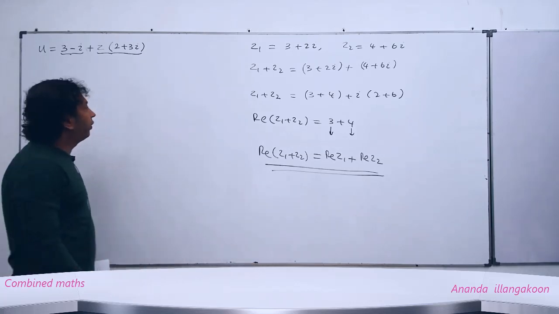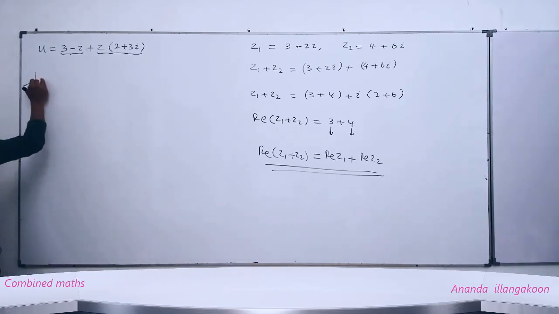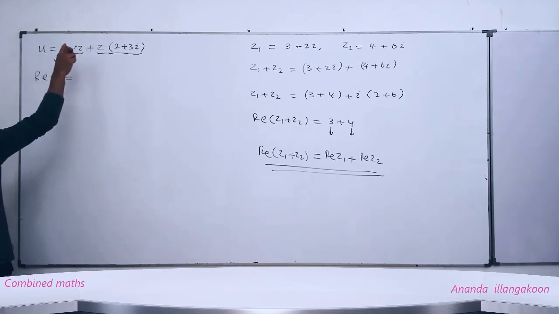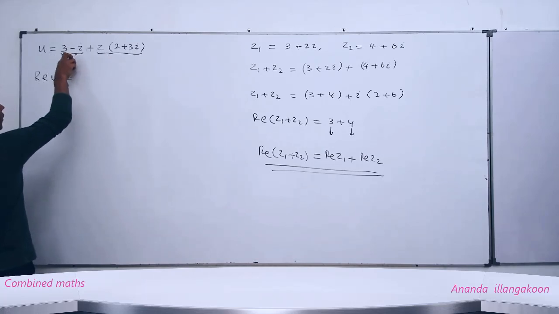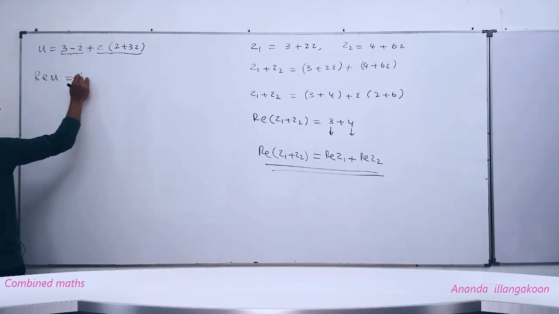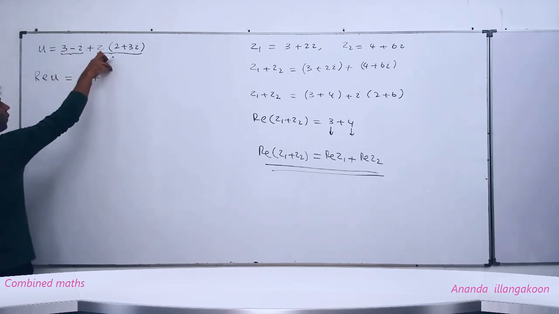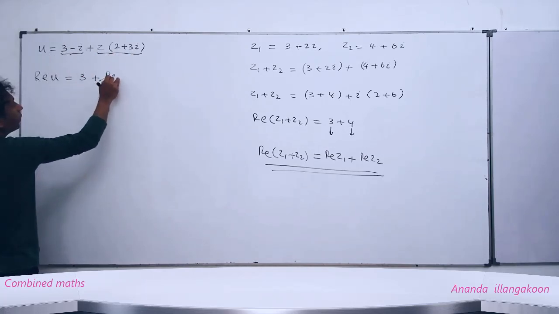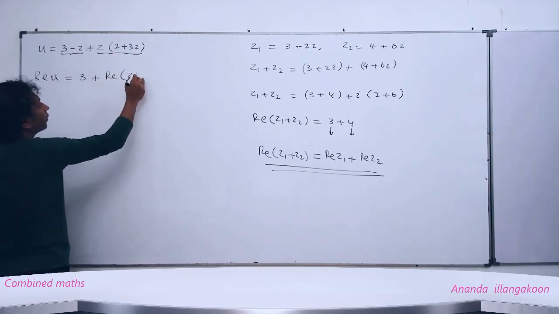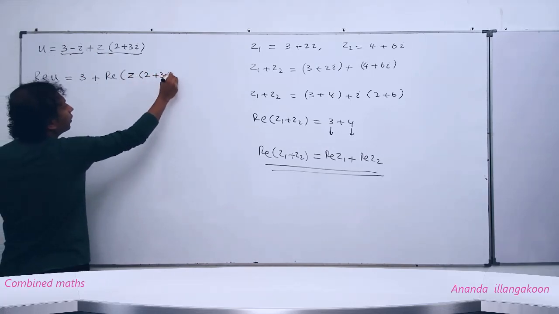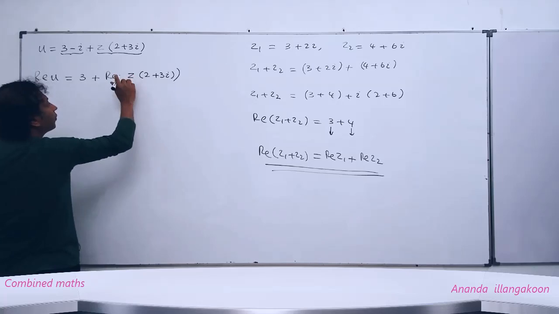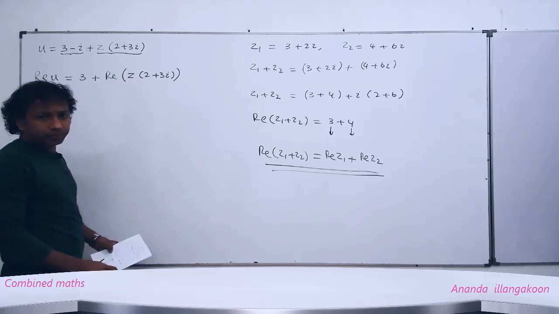Then if I need to write the real part of U, then that should be equal to, since U is the sum of this and this, the real part of this complex number, right? It is 3, very obvious, no? Real part is 3, no? Plus the real part of this whole complex number, the real part of Z times (2 plus 3I).